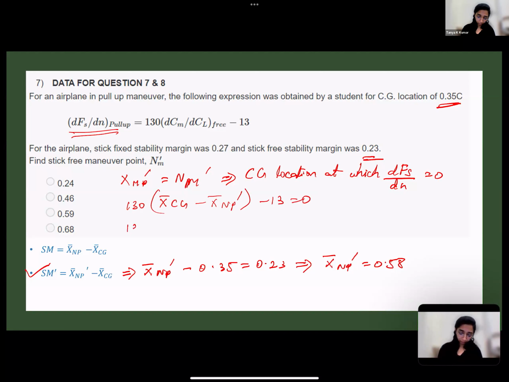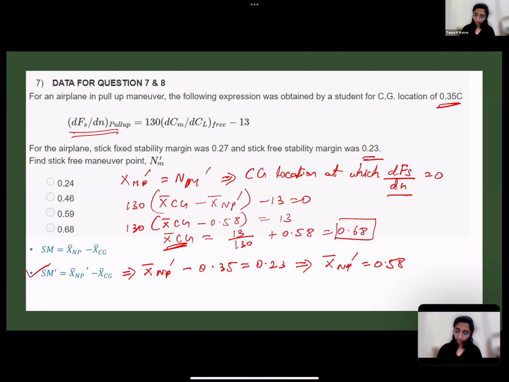Then 130 times X bar CG minus 0.58 equals 13. X bar CG is 13 by 130 plus 0.58, which is 0.68. The CG location at which dFs by dn is 0 is your stick free maneuver point.